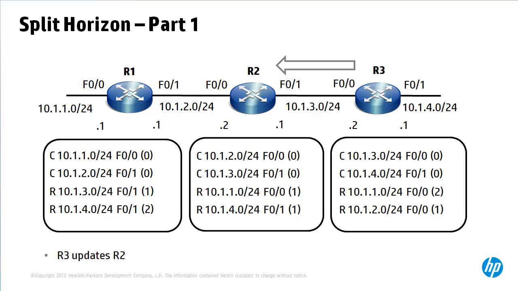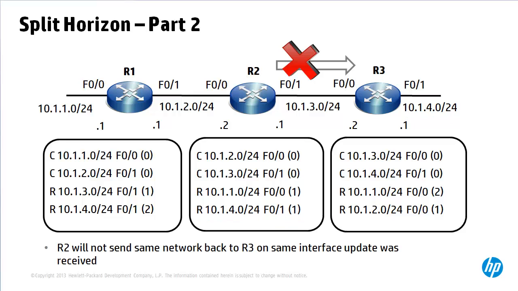And by the same token, in RIP and other distance vector routing protocols, if router 3 tells router 2 about this network, so notice router 2 has learnt about that network from router 3, router 2 will not send an update about that network on the same interface on which the update was received.